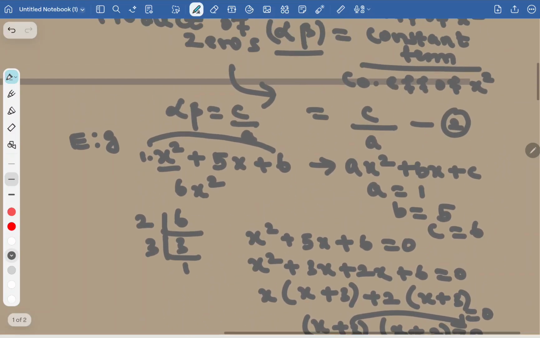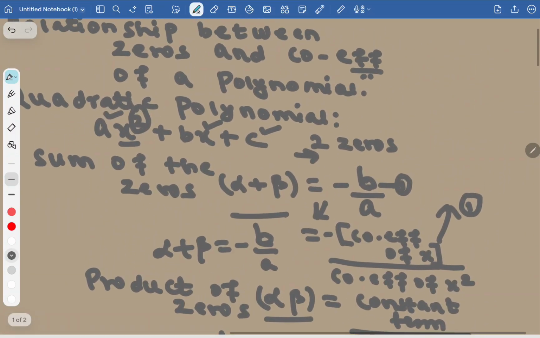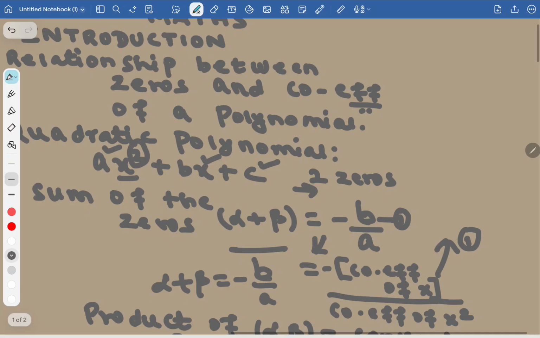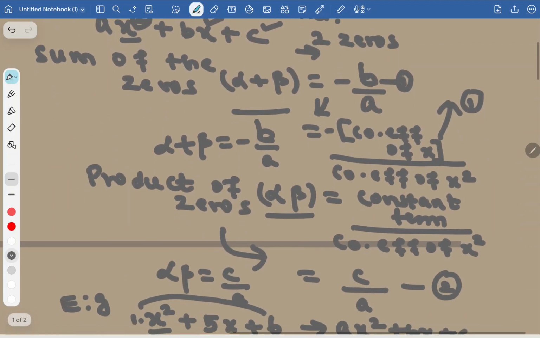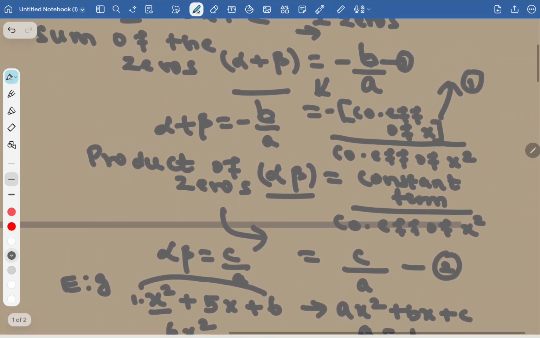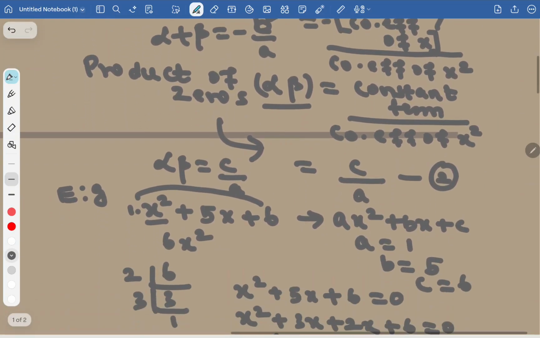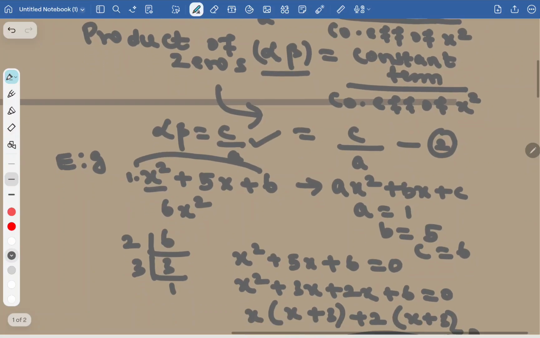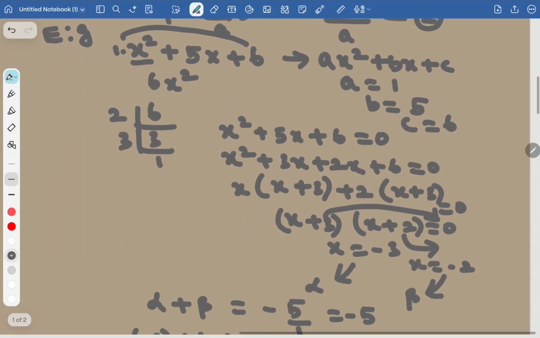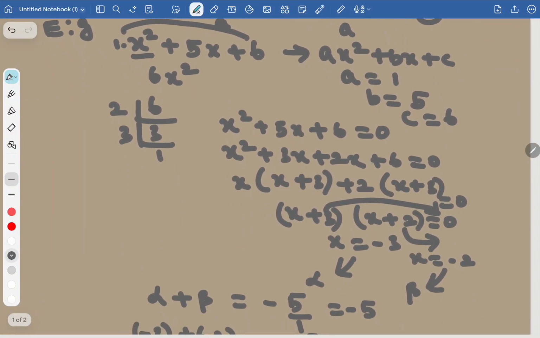We have verified the relation between the zeros and the coefficients of a polynomial with the help of the formula alpha plus beta is minus b by a, alpha beta is c by a. I have considered one example, x square plus 5x plus 6.